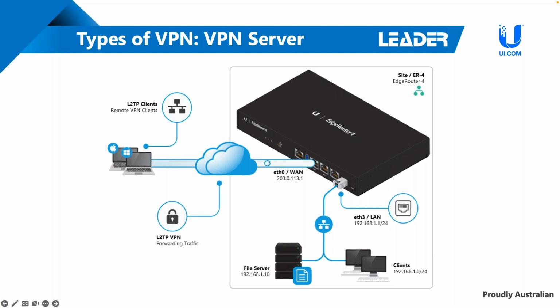So really, this is more for corporate networks where you need to have access to a myriad of different client devices connecting via L2TP. And the benefit here is that obviously the IP addresses get masked, but the traffic isn't fully encrypted, and that does allow potentially someone to intercept or interact with the traffic.